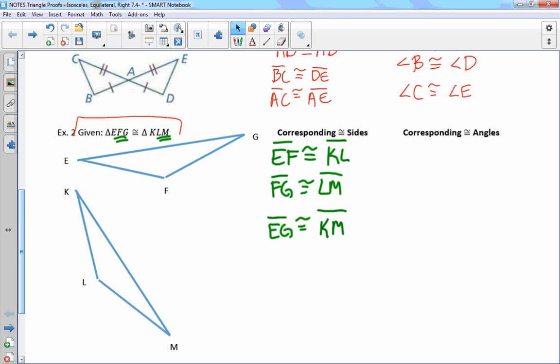Okay? Let's go through and pair the corresponding angles, please. The order of how they're listed in the congruent statement tells you what matches. Okay, list your angles. Angle E is congruent to which angle of the other triangle?